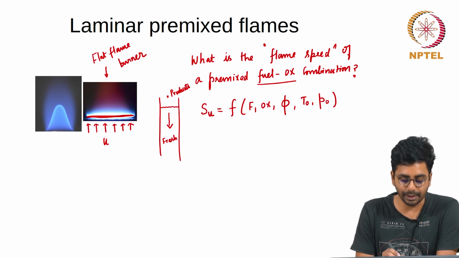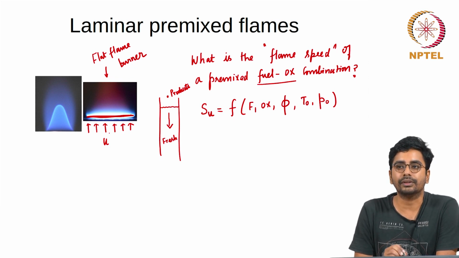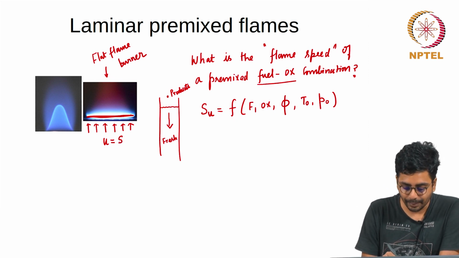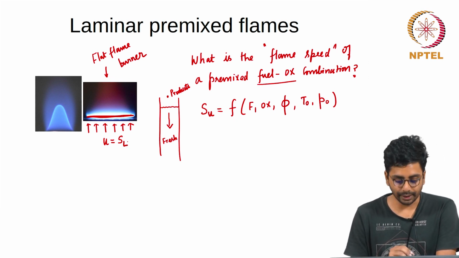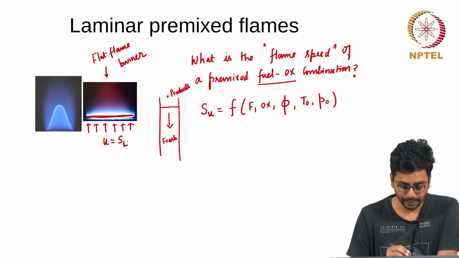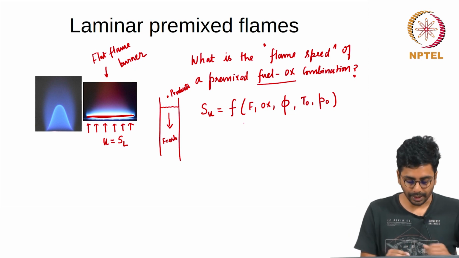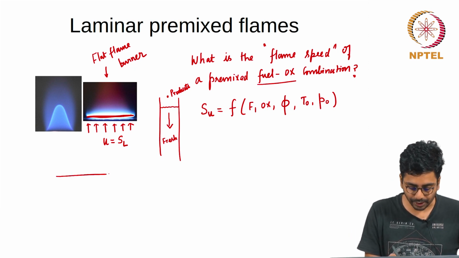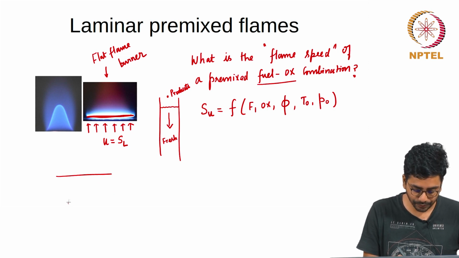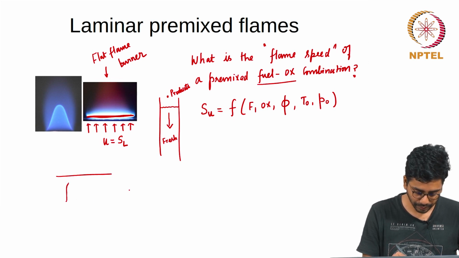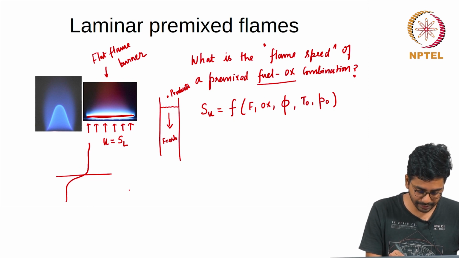The flame is stationary because the unburnt mixture is pushed towards the flame at exactly the flame speed, and therefore it is straightforward to say that U is equal to SL. Okay, U is equal to SL, and what happens across the flame? Fresh fuel oxidizer mixture comes towards the flame, and then its temperature increases, okay.